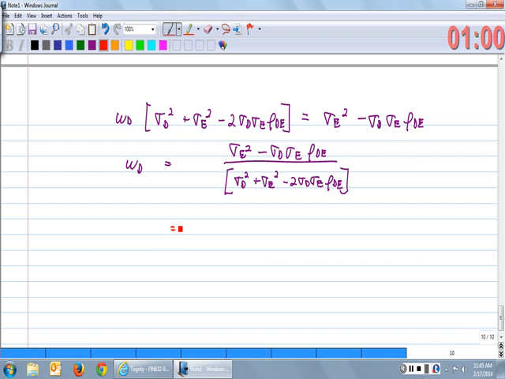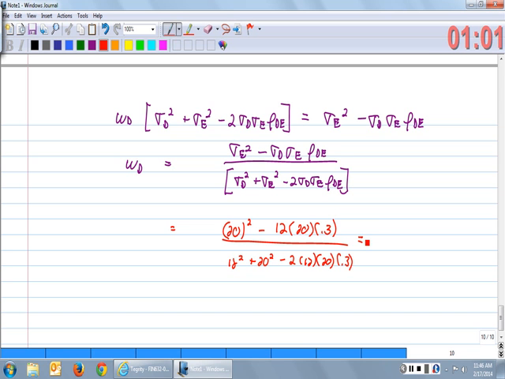Sigma E, that's 20 squared, minus 12 times 20 times 0.3, because that was our correlation, divided by 12% squared plus 20% squared minus 2 times 12 times 20 times 0.3.